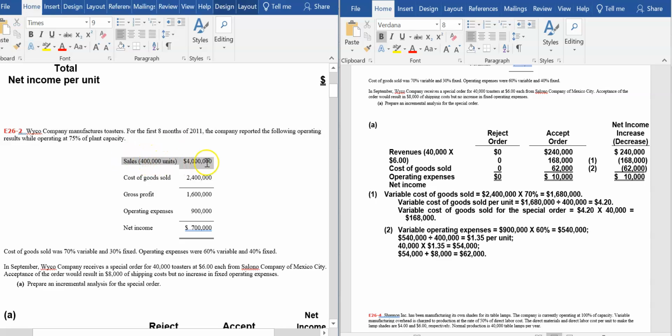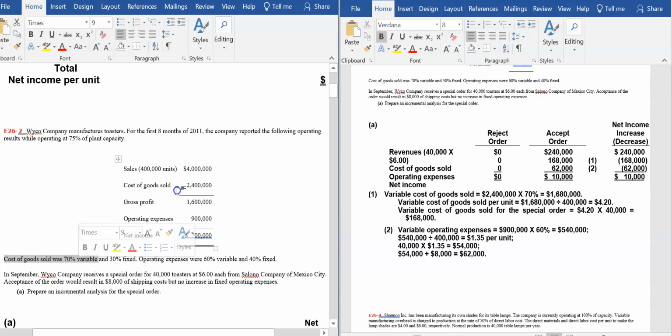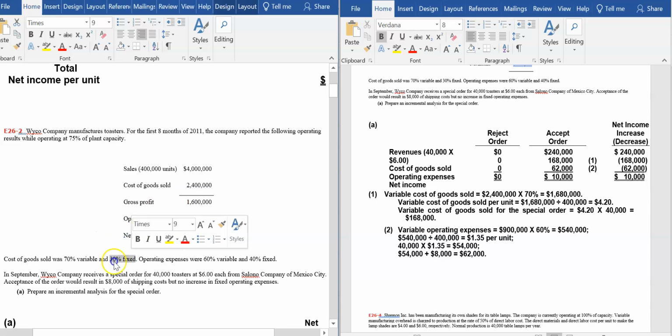They sold 400,000 units incurring the cost of goods sold of $2.4 million, a gross profit of $1.6 million, operating expenses of $900,000, and a net income of $700,000. Of the cost of goods sold, 70% of that cost was variable and 30% was fixed. The operating expenses of $900,000, 60% are variable and 40% are fixed.